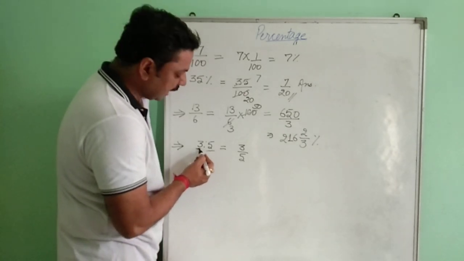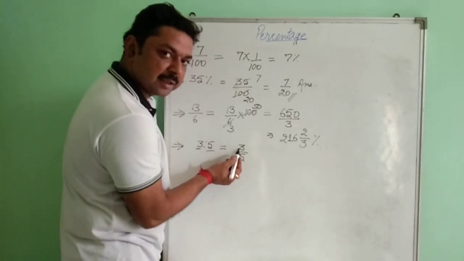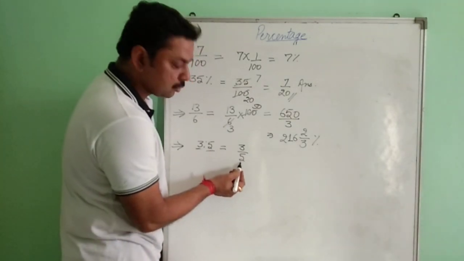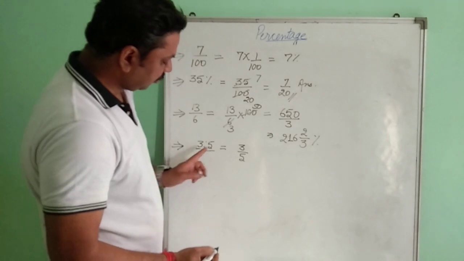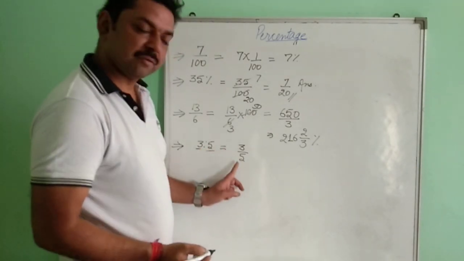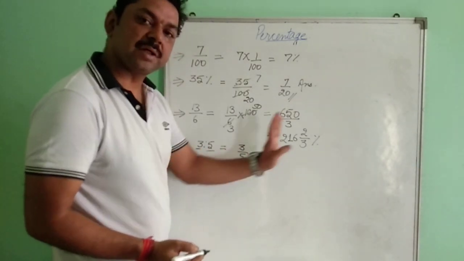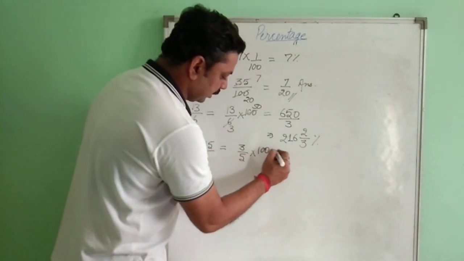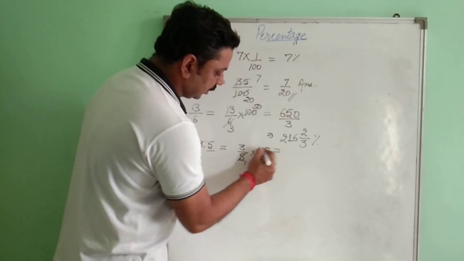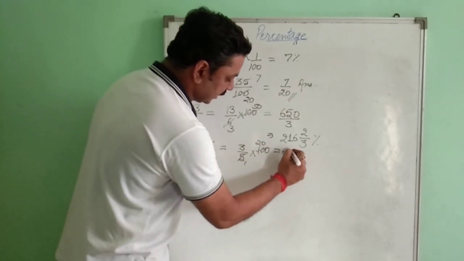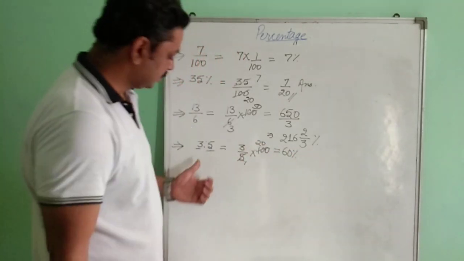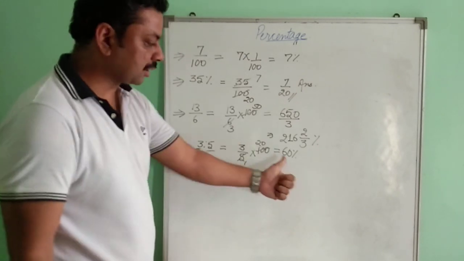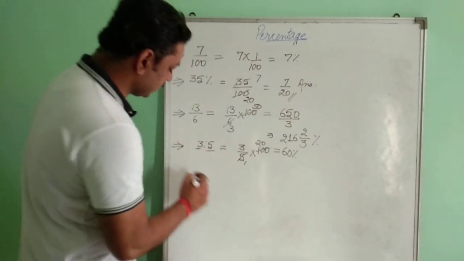Clear? Your antecedent is considered to be your numerator and your consequent is considered to be your denominator. So we have converted our ratio into a fraction. Now you are going to multiply it by 100. Clear? 5 20s are 100. You will get 60%. This is your ratio that you converted into a percentage.